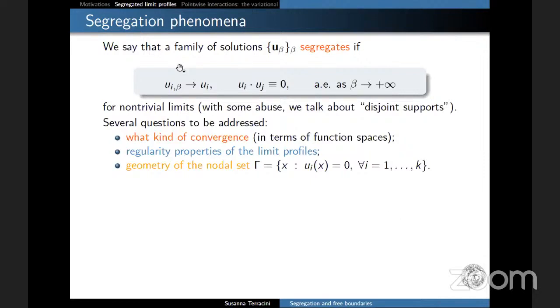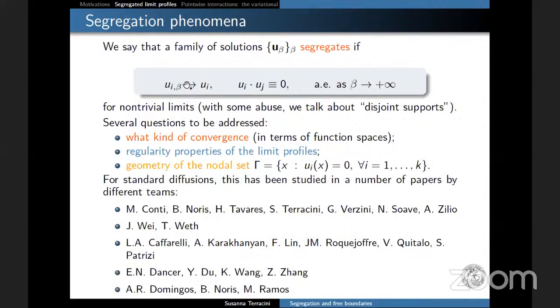We have a family of solutions, for i ranging from 1 to k. So we have a vector depending on this large parameter beta, and we assume that there is convergence, at least pointwise, to some limit profile. And the limiting components are non-trivial, but have disjoint support.